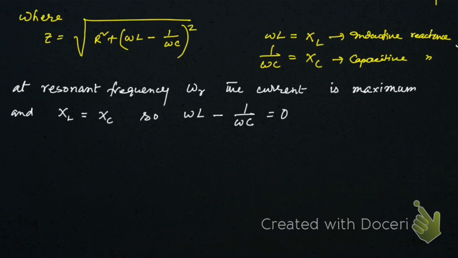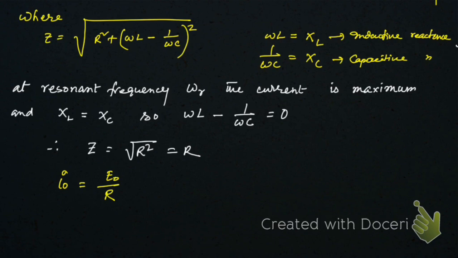Hence Z will be equal to root over R square plus 0, that is R. So the maximum current I naught will be E naught by R at resonance.